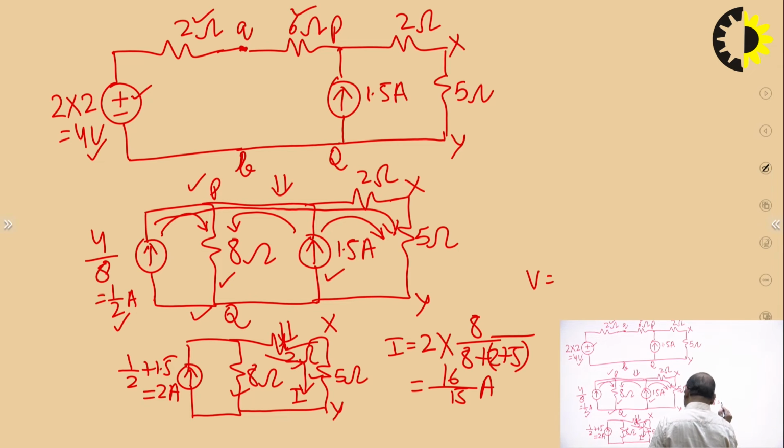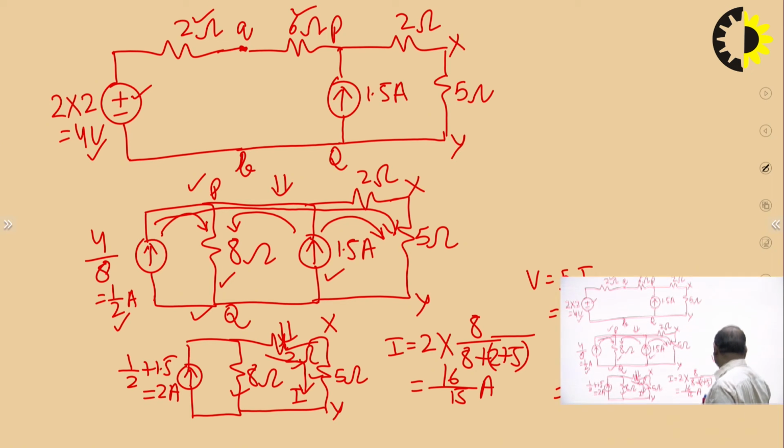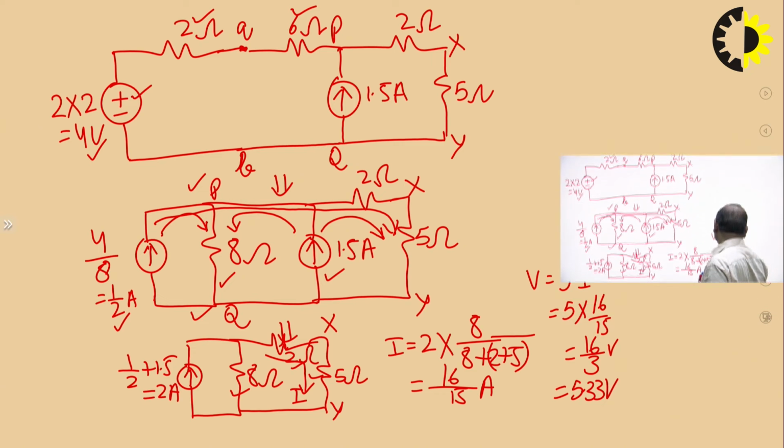So, that will be 5 into I, and that becomes 5 into 16 by 15, or 16 by 3, or 5.33 volt. So, that way we can find the voltage across the 5 ohm branch using source transformation. So, finally, the voltage which we obtained here is 16 by 3 volt or 5.33 volt.